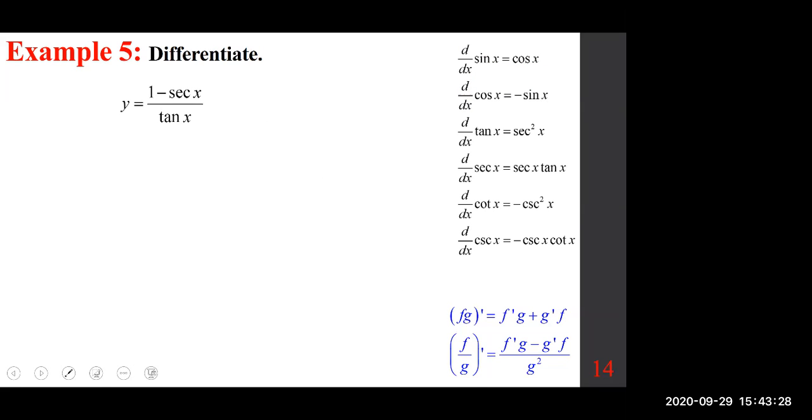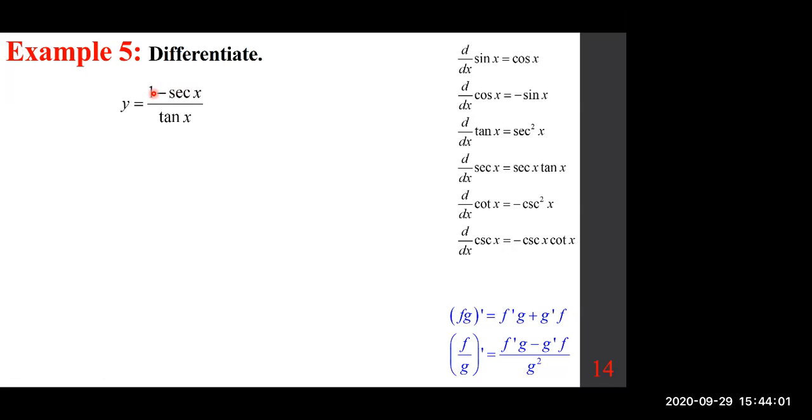Here's the next example, and we are going to use the quotient rule. Sometimes this stuff involving trigonometry becomes really, really simple. Remember in trigonometry, in order to prove identities, we went from whatever was given to sine and cosine in many instances. You could do this here, but if you stick with it just the way it is, it's f prime g minus g prime f.